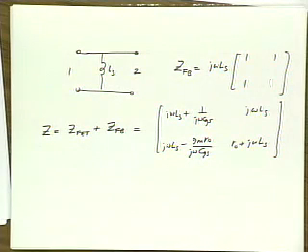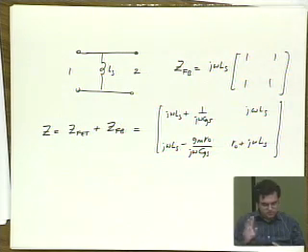And one thing that I claimed, I haven't proven this, but you can take to be true, is that all the equations we derived up to here for Z, for gain, for stability factor, input impedance, output impedance, they all are the same no matter what parameters you're using.